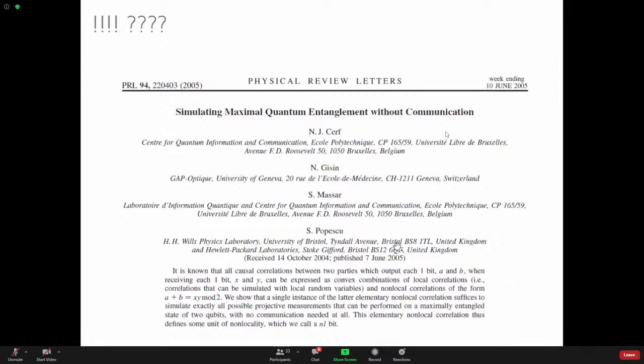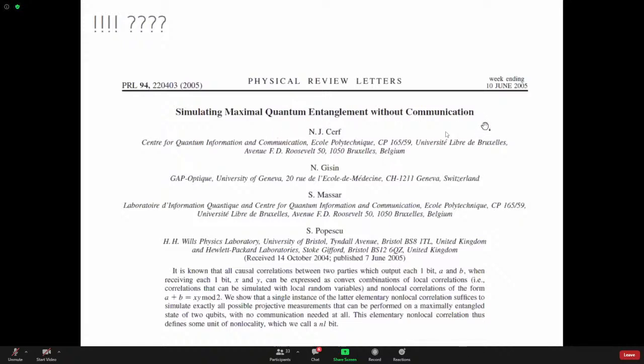So now, just a couple of years after the Toner and Bacon result, there was a paper by Cerf, Gisin, Massar, and Popescu, simulating maximal quantum entanglement without communication.